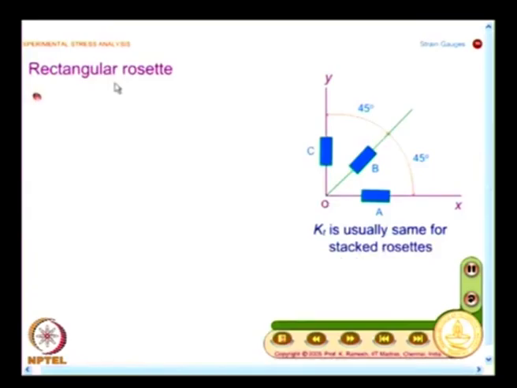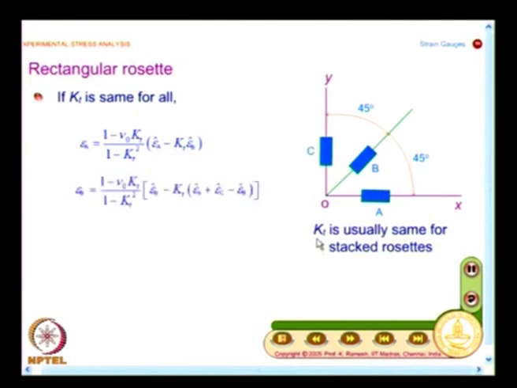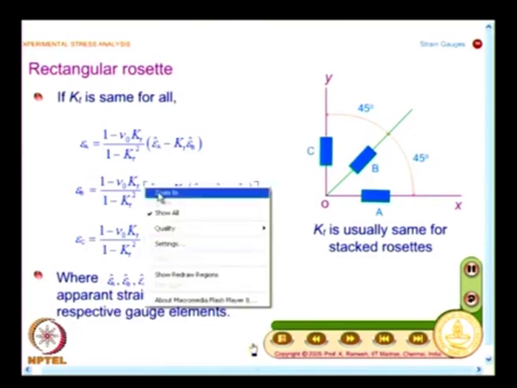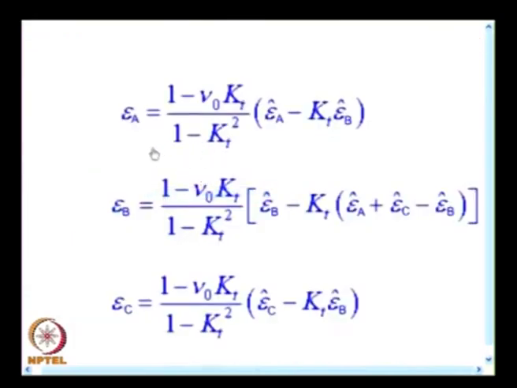Now, I have a rectangular rosette, and whatever the expression I am going to give is arrived at with the assumption that Kt is the same for all, and I have the expressions like this, and I will enlarge it and you can have a look at this. So, what I have here is epsilon A equal to (1 minus nu naught Kt) divided by (1 minus Kt squared) multiplied by (epsilon A cap minus Kt epsilon B cap).